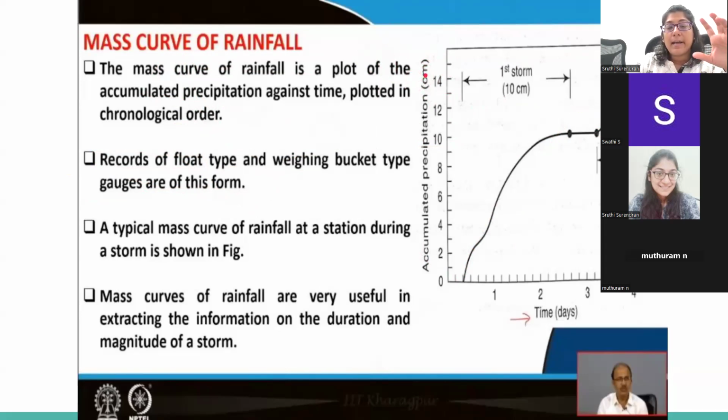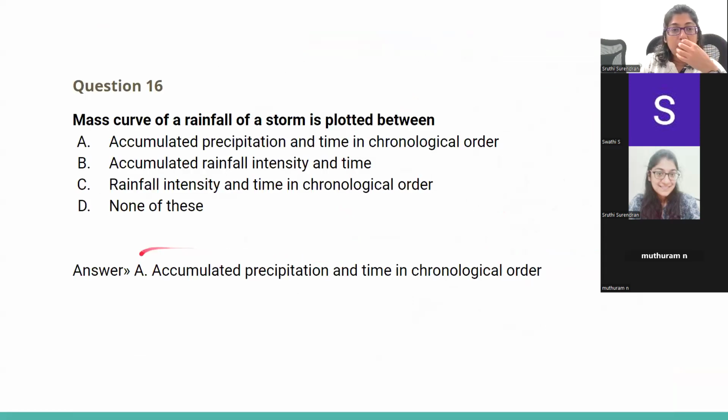It's a depth and not the intensity. Intensity means it is centimeter per hour. We can obtain the intensity of rainfall from this mass curve, but the plot is between accumulated precipitation versus time in chronological order. So the correct answer for this would be option A, accumulated precipitation and time in chronological order. It is not a plot of intensity of rainfall.